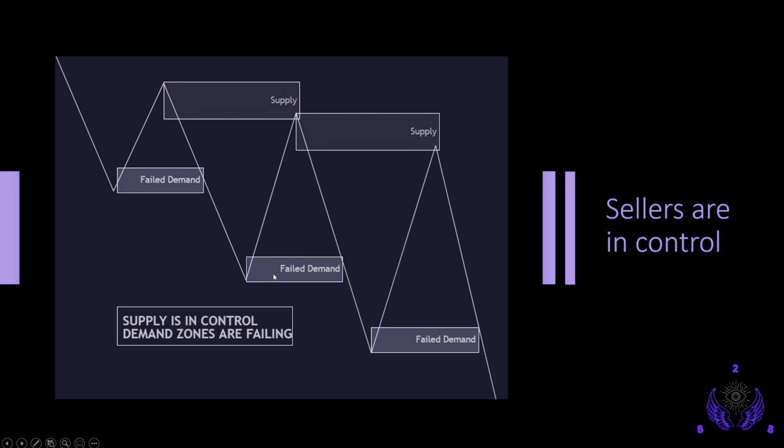And we took out this liquidity and we have a failed demand, because this demand zone didn't give us any reaction and also didn't give us any new higher high. So here again, the supply zone got mitigated and again took out liquidity. It's the same, guys. Supply is in control and demand zones are failing.